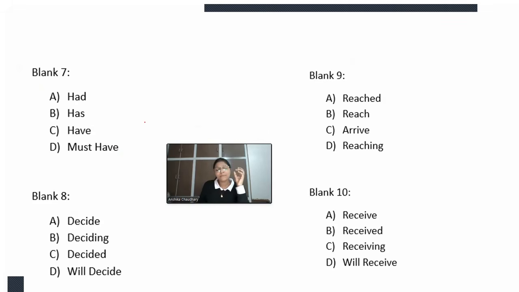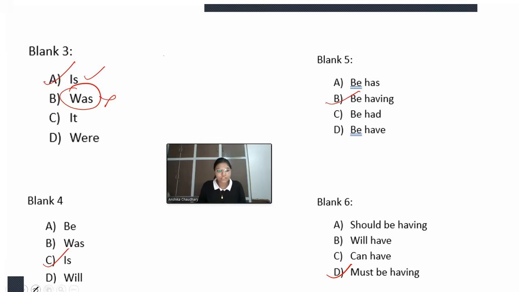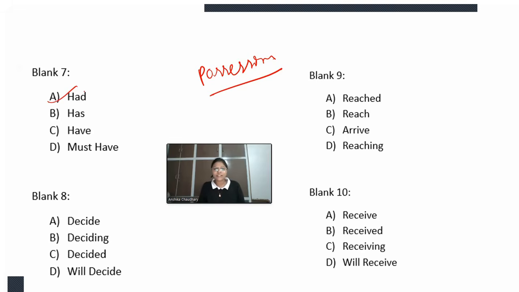Here we are talking about possession, to have something, right? So I wish I had his luck, because here I'm imagining, I'm wishing for that thing. It is not actual, I'm just wishing for it, I'm just having a hope for it. So I had would be the correct answer. I wish I had his luck.